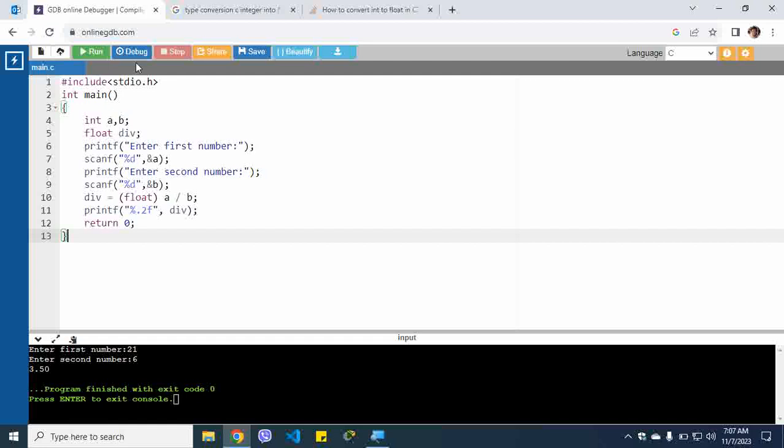Just a minute, will it get or not? 21 by 6, so we'll get 3.5. So it has got, okay, like that. Integer is converted into float by keeping this float before that. Suppose float is going to be converted into integer, then you have to keep integer here. Type conversion, okay. Because this is not matching. This is float. This part is integer. Division is float.